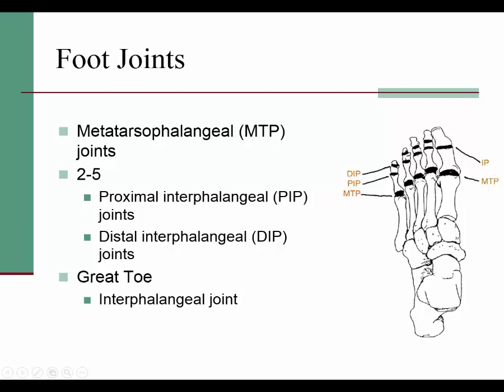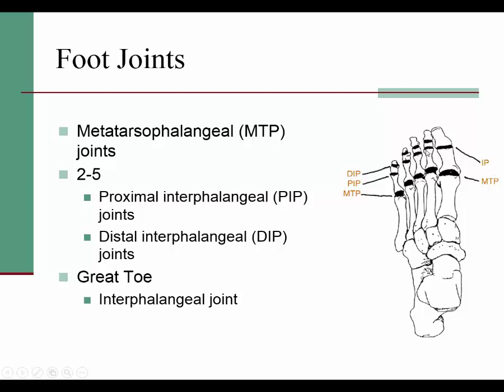Digits 2 through 5 will have what's called a proximal interphalangeal joint and a distal interphalangeal joint, and that's because there are 3 bones in each of these. Okay, and so you have your PIPs here proximally, and then DIPs distally.